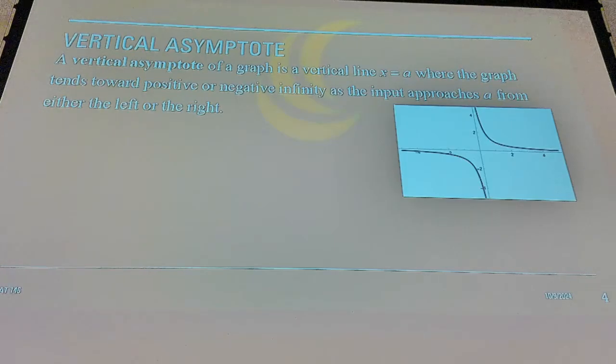A vertical asymptote is a vertical line x equals a, where the graph tends toward either positive or negative infinity on either side of x equals a.